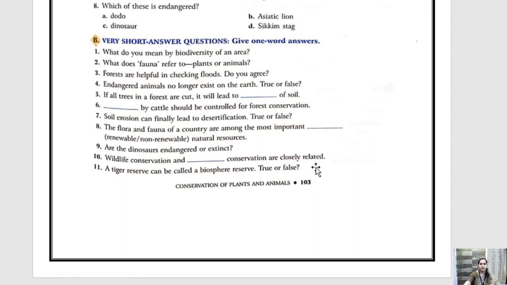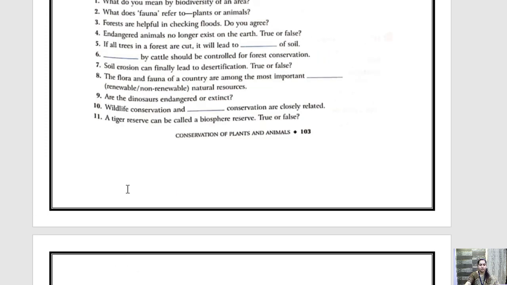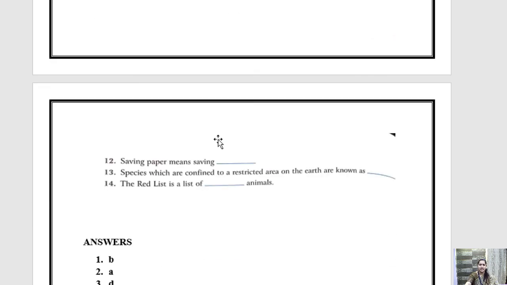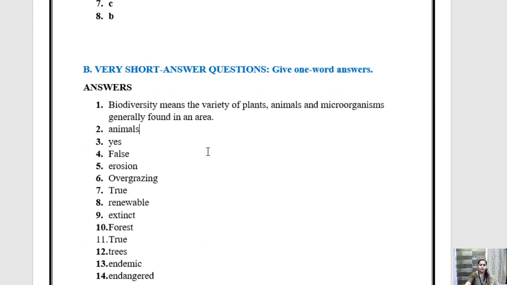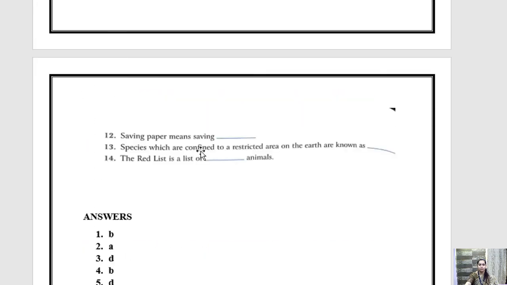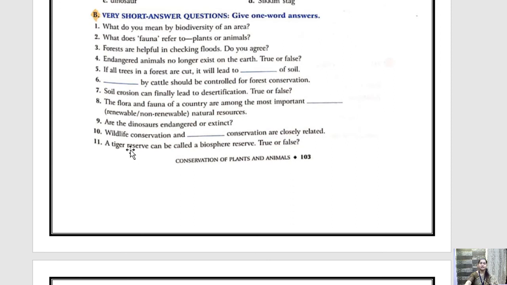Okay. Next question. A tiger reserve can be called a biosphere reserve. True or false? Definitely yes. This is true. 11th is true. So a tiger reserve can definitely be called a biosphere reserve.